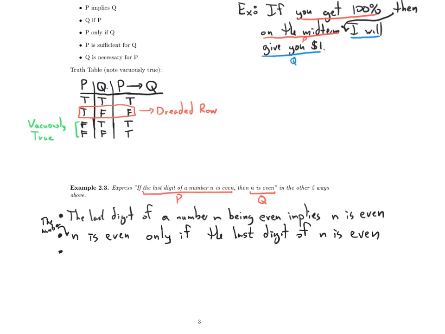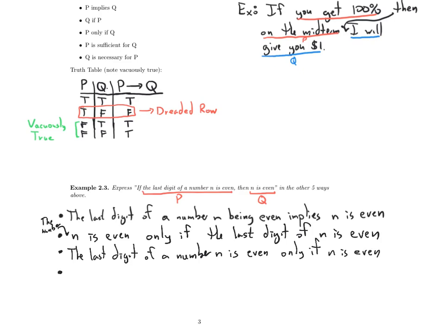The third is the last digit of a number n is even, only if n is even.